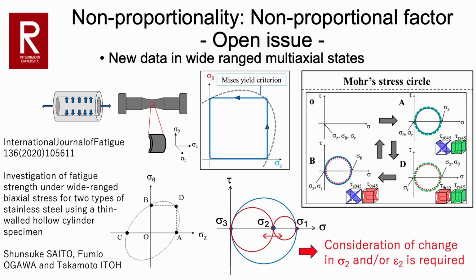Because this is the Mohr's circle, in this case, the second principal stress changed here, and the current definition cannot take care of this effect, because I always monitor this one.